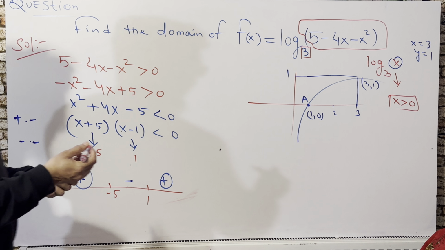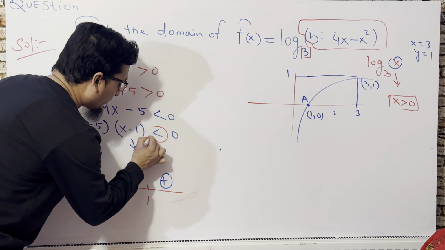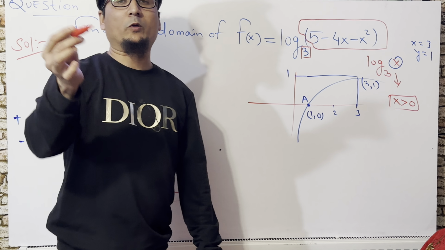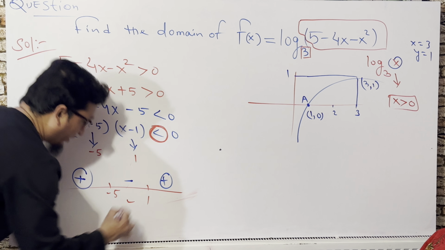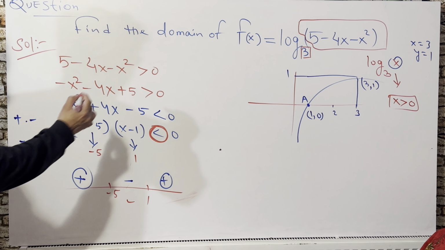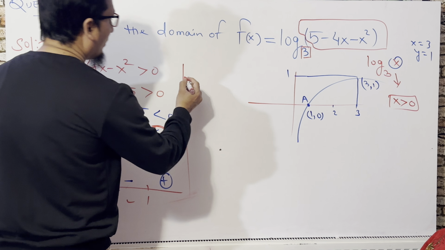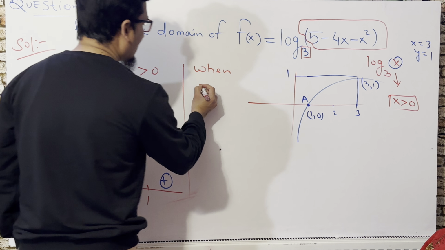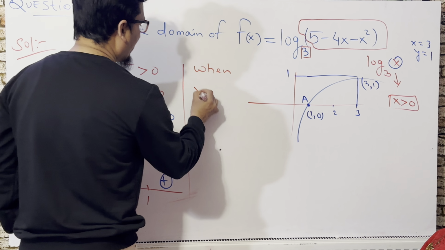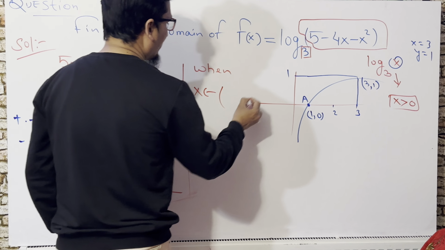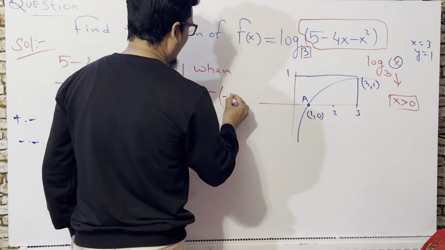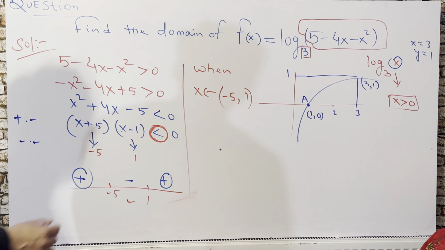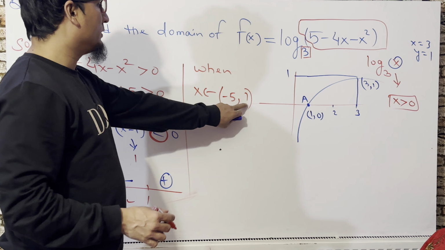Now, listen. If this value is less than 0, you have to consider this section only. So when x belongs to minus 5 to 1, right? I'm not going to take 1. I'm going to take minus 5 to 1 only.